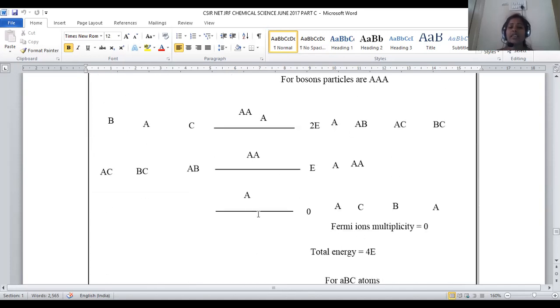Let us assume 3 energy levels are provided within the molecule: E0 energy level with 0, E1 with E, and E2 with 2E, right?